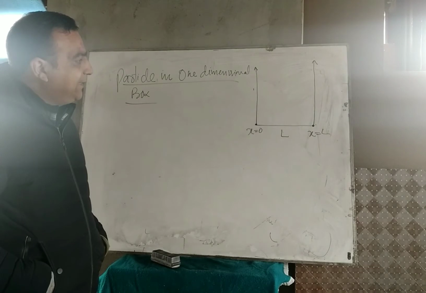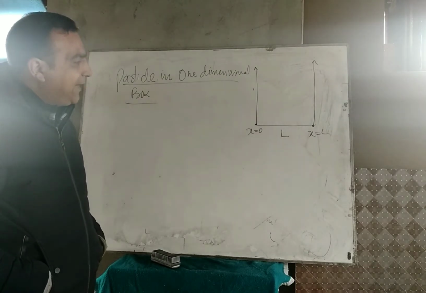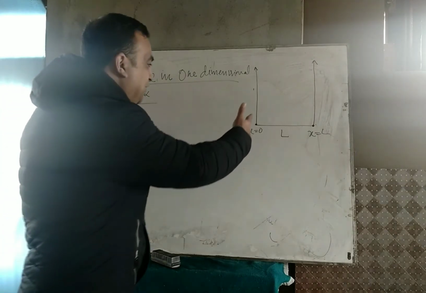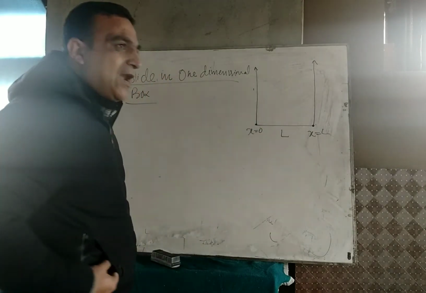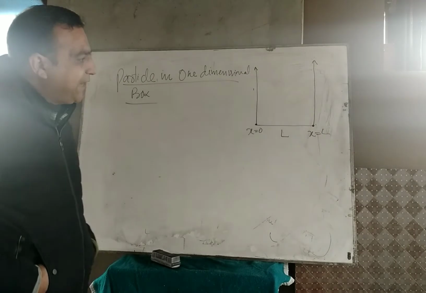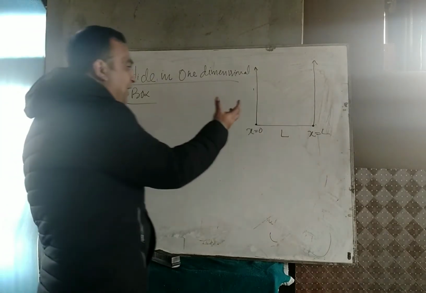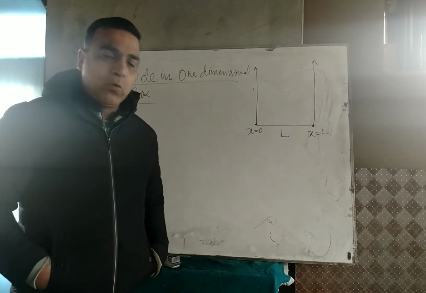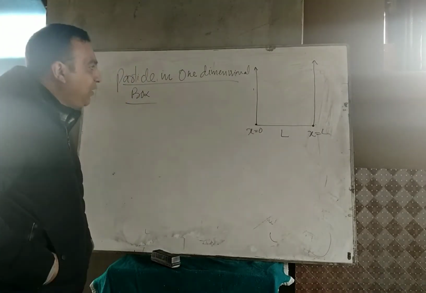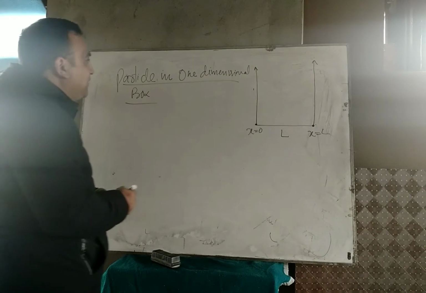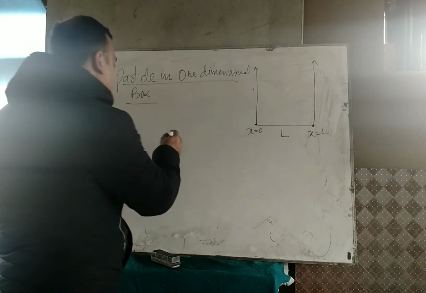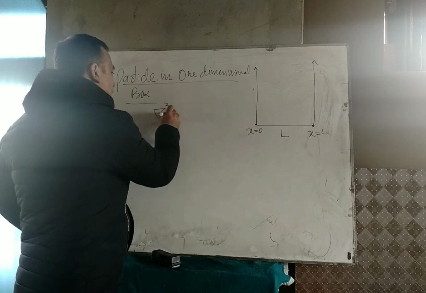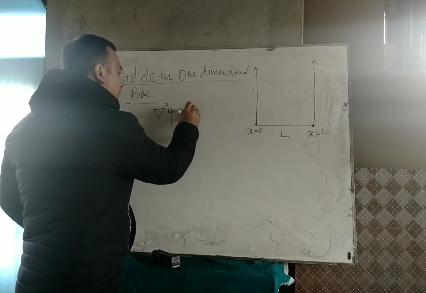And then you have a particle, and this particle has constant potential energy in this box. For the sake of convenience, we can choose this potential energy to be equal to zero.